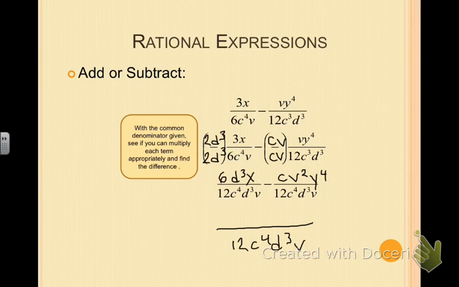The final result is 6d cubed x minus cv squared y to the 4th all over 12c to the 4th power d cubed v.